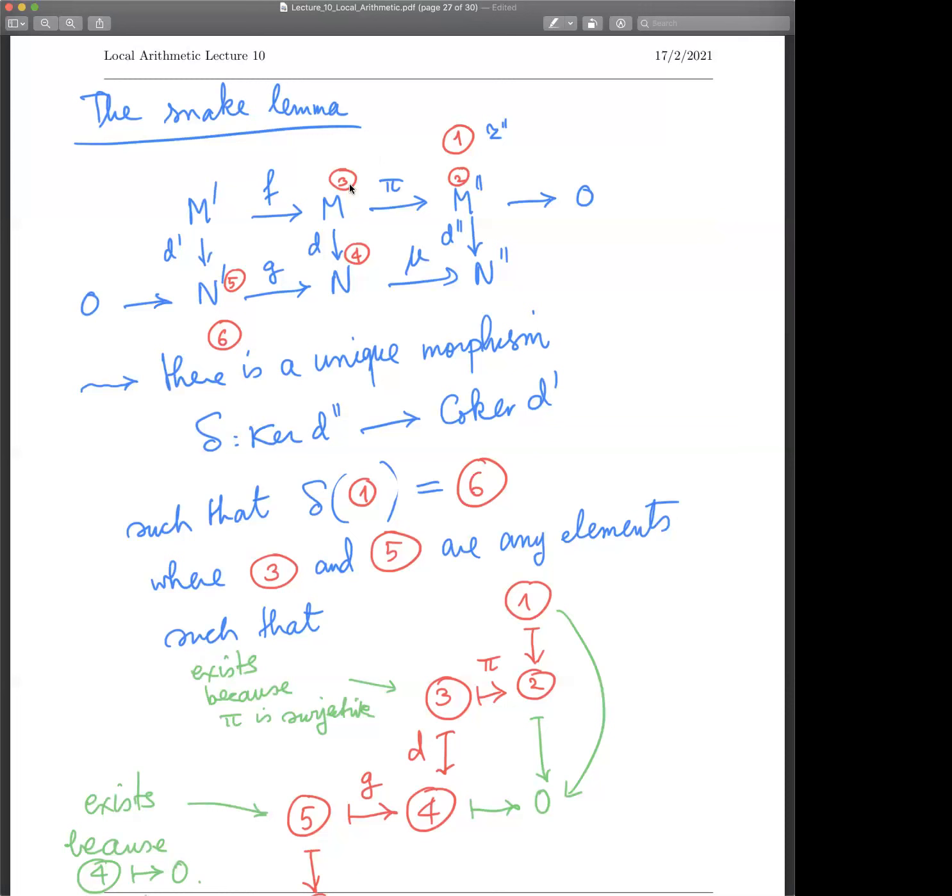So if I take a different element here, let's say 3 prime, then their difference is going to come from this M prime, and the 3 prime will give me a 4 prime, and the 4 prime will give me a 5 prime just as before. But 5 minus 5 prime is going to be D prime of this element which I got from 3 and 3 prime.